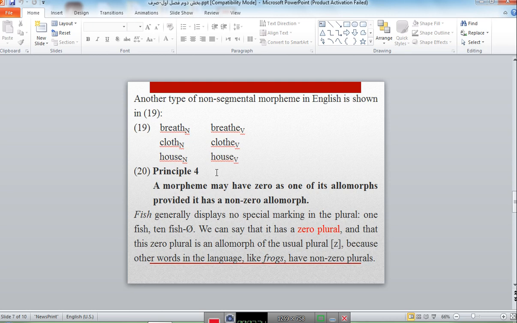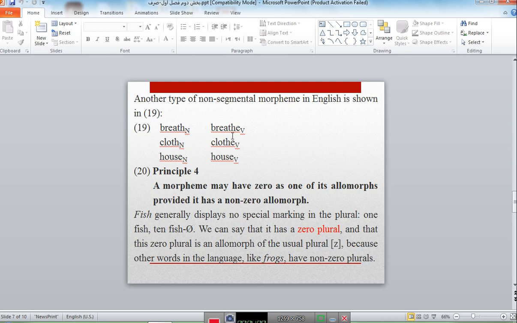Assuming that the noun is basic, so this column is basic, we say that the morpheme that marks the verbs consists of the phonological feature plus voice. So this is again non-segmental.